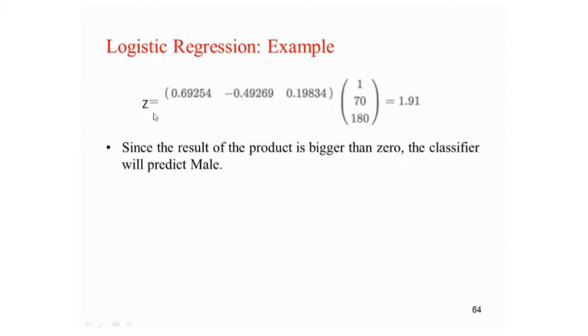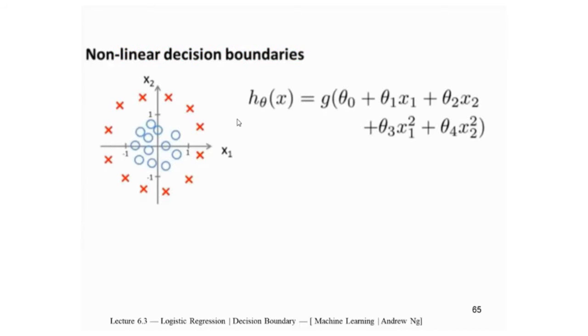So this z is greater than 0. If it is greater than 0, I have considered it will belong to the male class. If it is less than 0, it will belong to the female class. So in this way, you can classify your data.